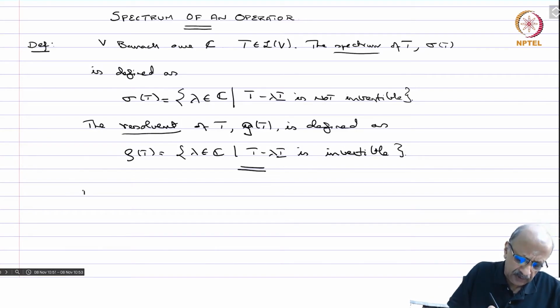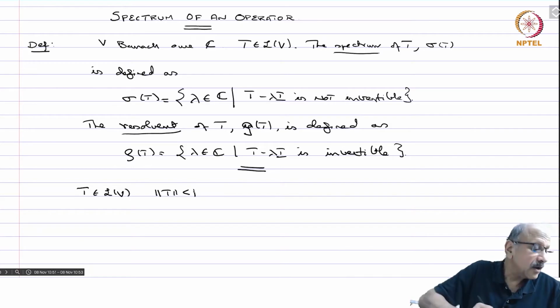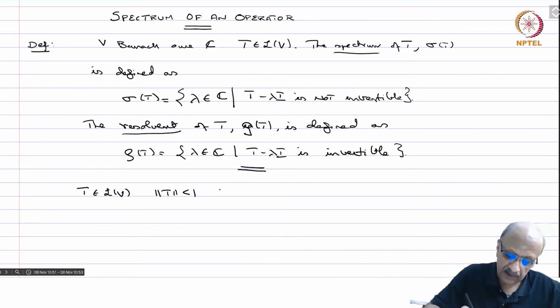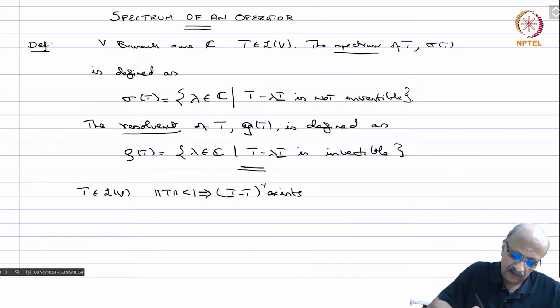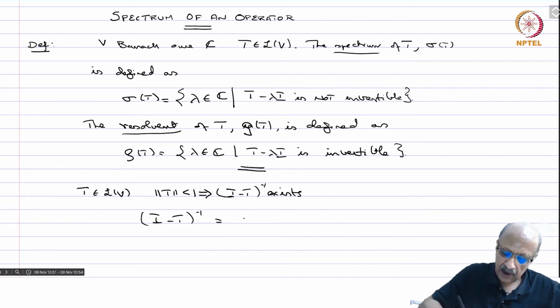Suppose T belongs to L(V) and norm T is less than 1. Then we have shown in an exercise that (I minus T) inverse exists, and in fact it is I plus T plus T squared plus and so on, plus T to the n and so on.